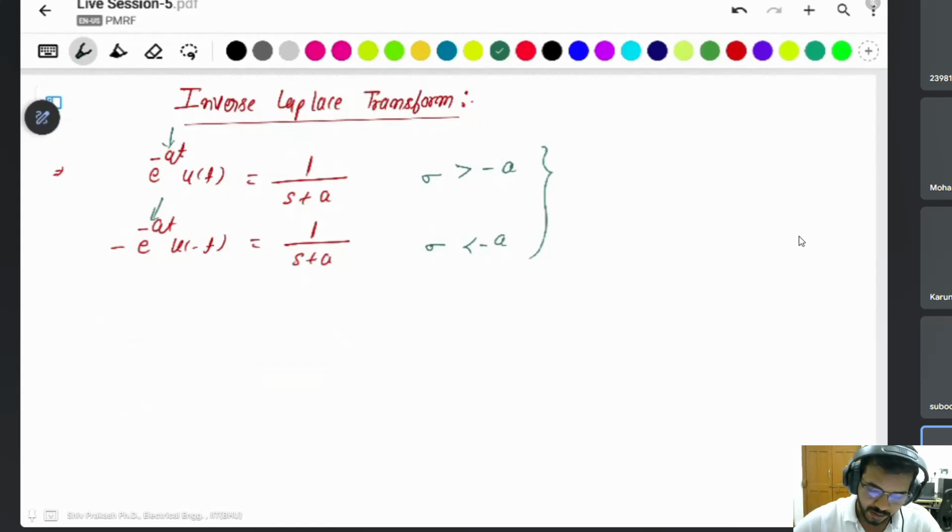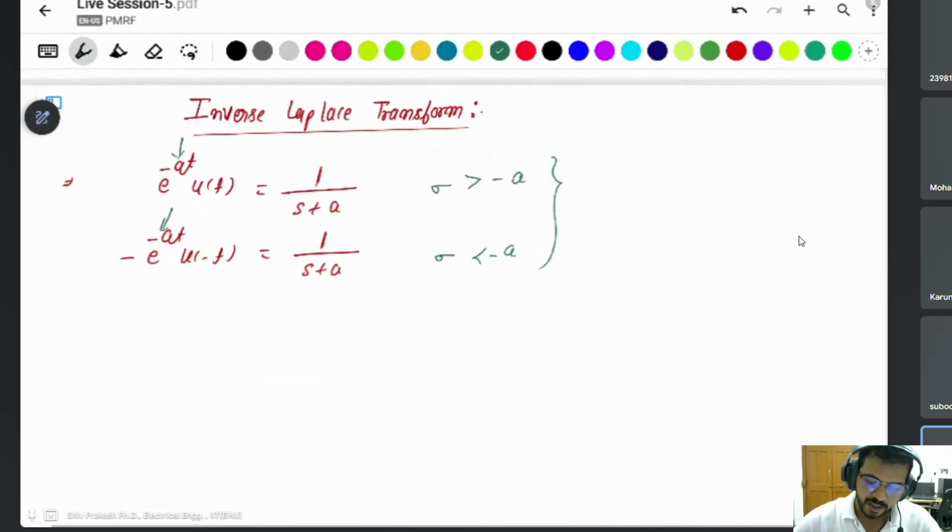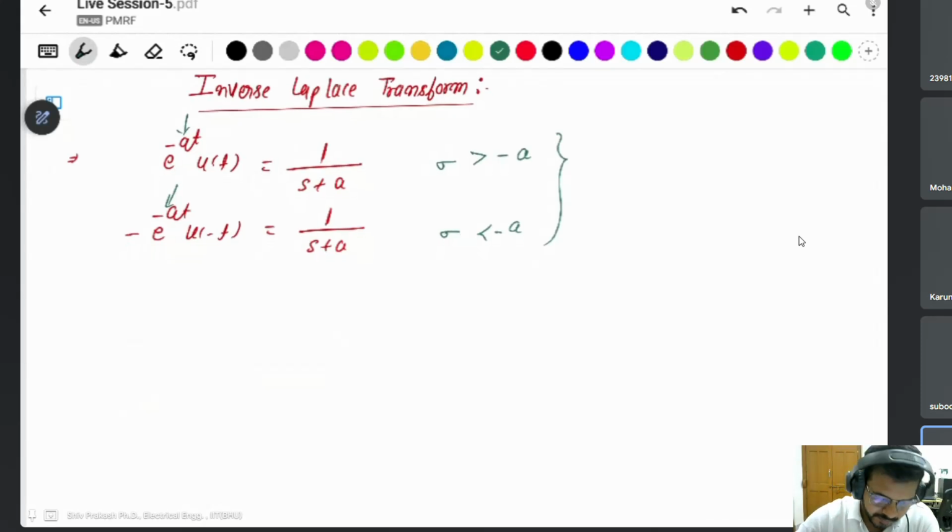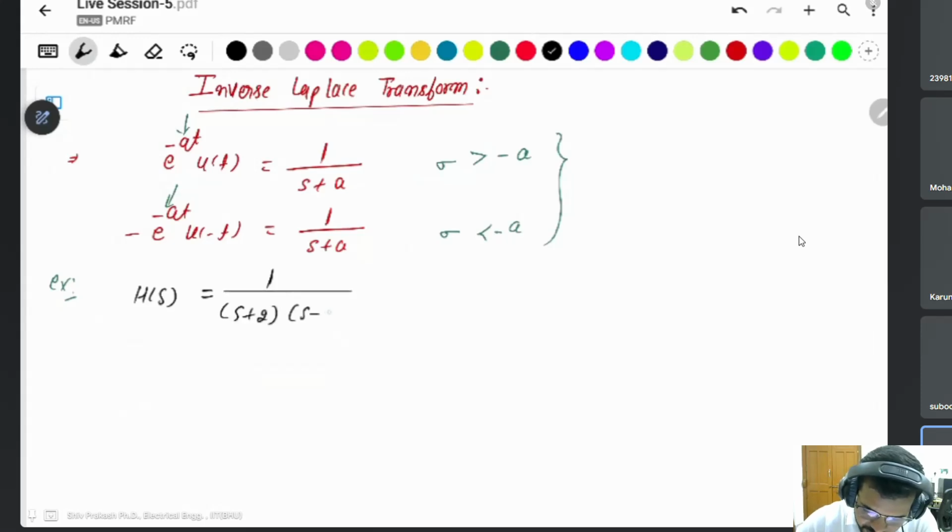Okay, let me explain by an example. Suppose a system has a transfer function with s plus 2 and s minus 2.